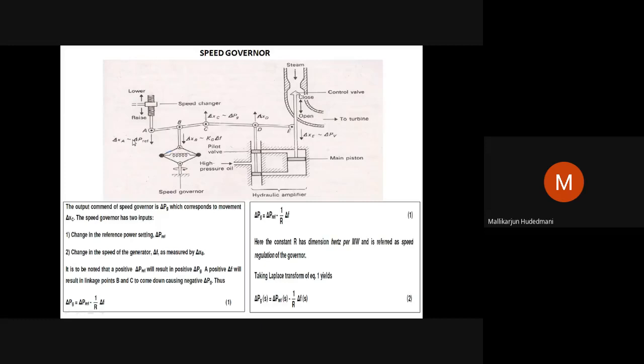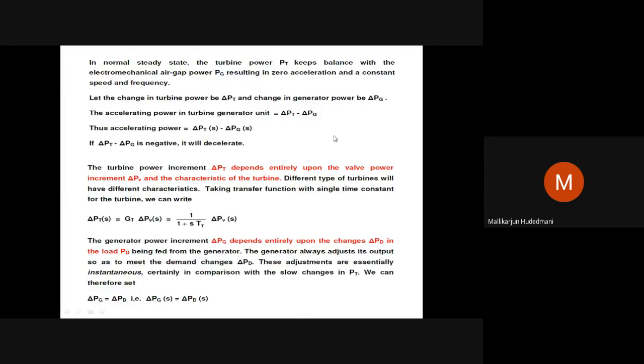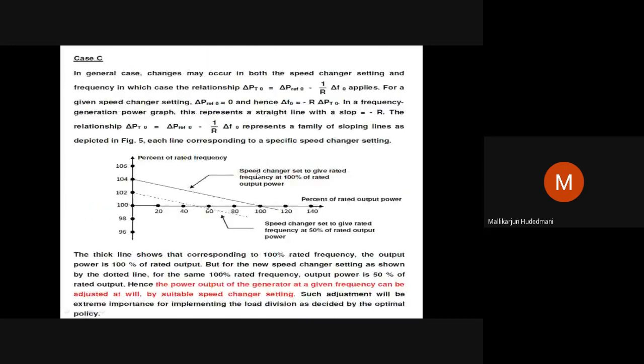Suppose this is not in action, how will this work? What is the highest control and what is the output? I am trying to correlate by this example. So here the speed changer is set to 100% and there it is set to 50%. That is what the speed changer does. So as per our desired control, I can set the speed controller settings.